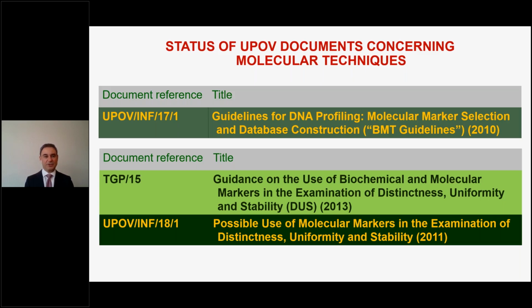The second information document is Information Document number 18, which is an exploratory document on possible uses for molecular markers in the examination of DOS. That document was adopted in 2011. It will be explained in a minute. At the end of this presentation, we will mention the actual guidance on how molecular markers are currently recommended or proposed to be used for DOS examination purposes.